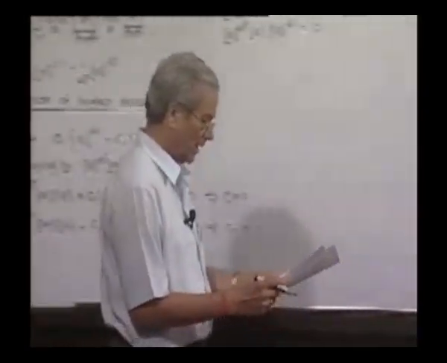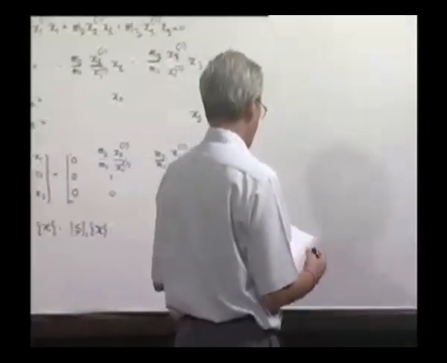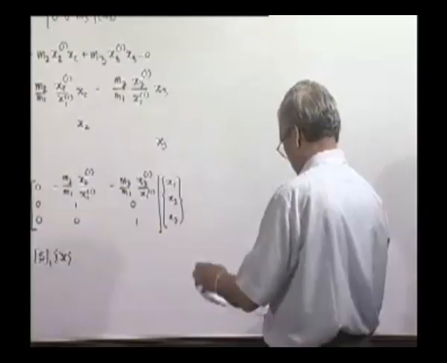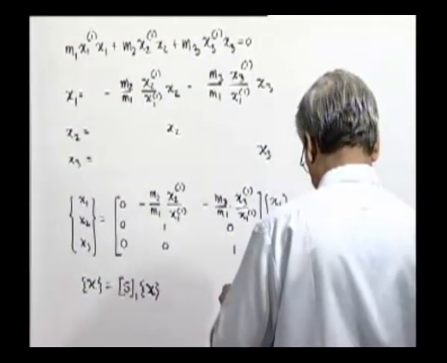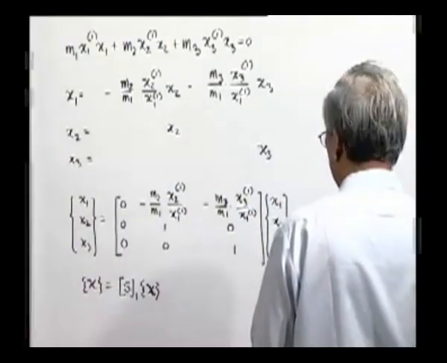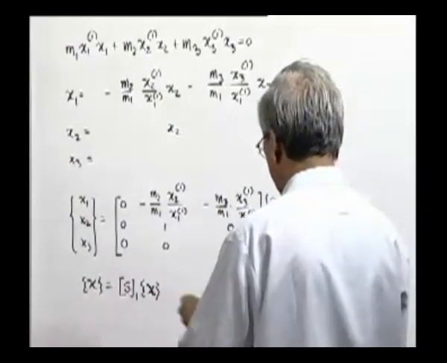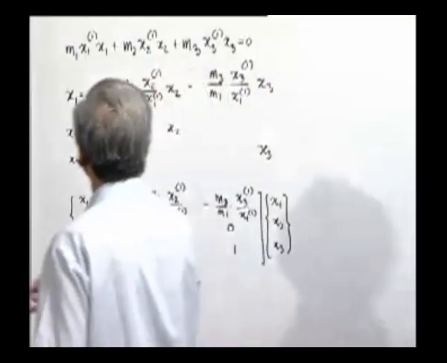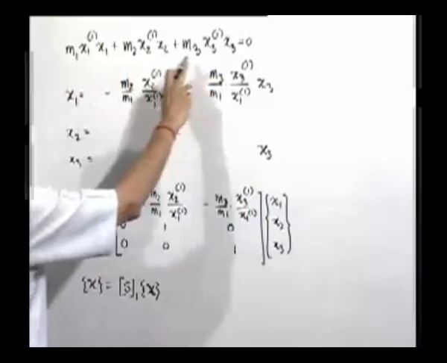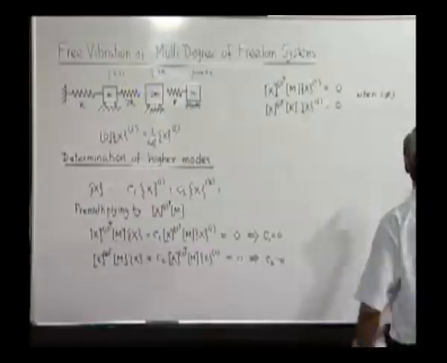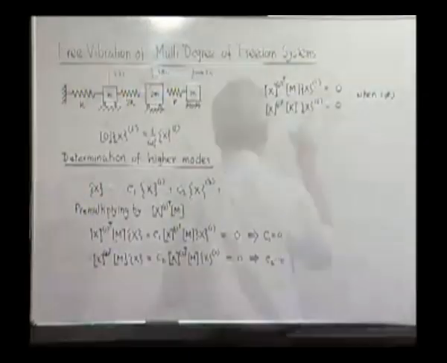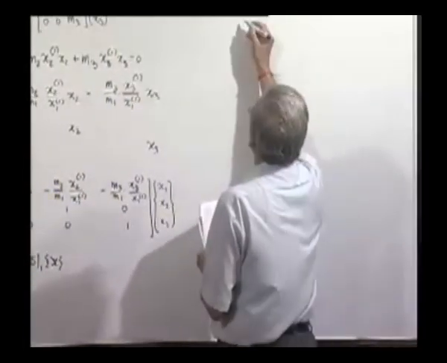Before we do that, let us do this example. When both are swept out, two equations will be there. One will give rise to this equation, and the other will give rise to another equation. So the second equation will lead to another sweeping matrix.